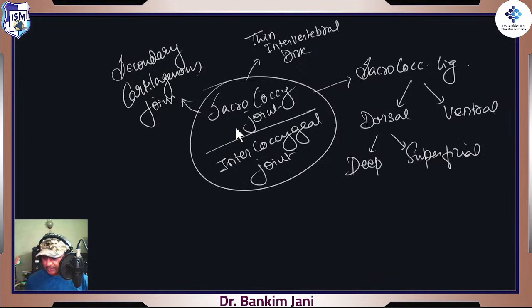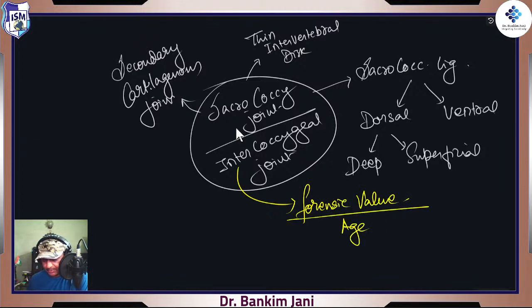This intercoccygeal joint has one forensic value, and that is age determination. Its speciality is that between the coccygeal segments, they are not fused.